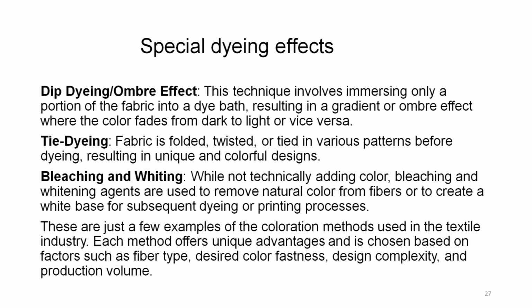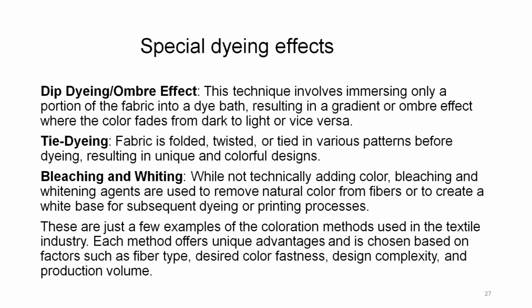These are just a few examples of the coloration methods used in the textile industry. Each method offers unique advantages and is chosen based on factors such as fiber type, desired color fastness, design complexity and production volume.